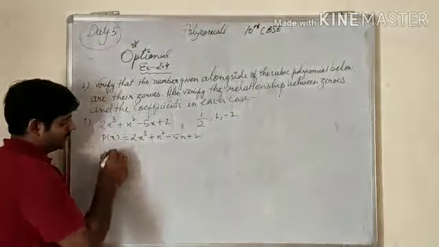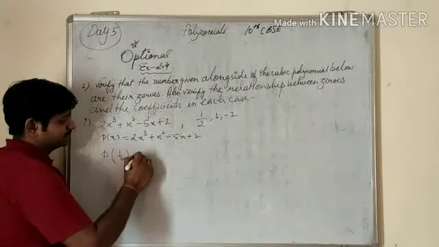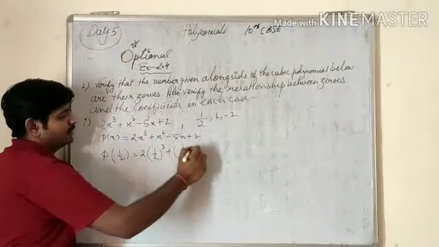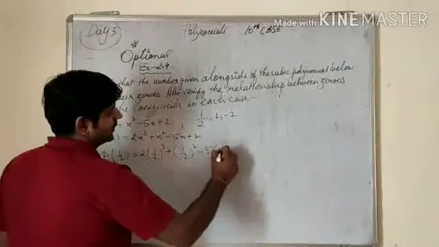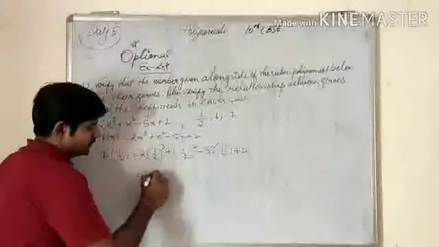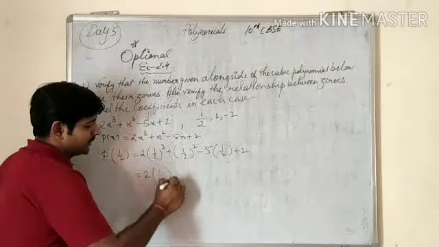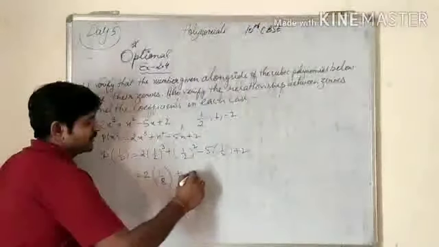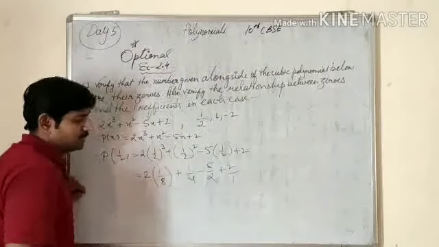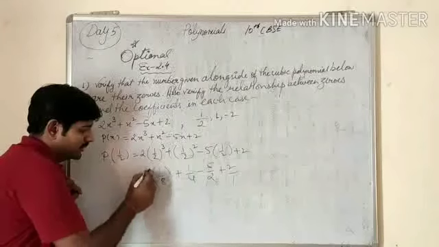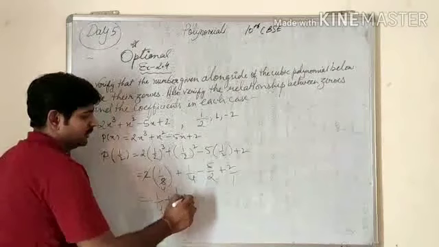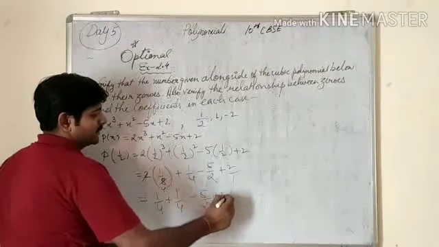So now in place of x we will write 1 upon 2. So there will be 2 into 1 upon 2 cube plus 1 upon 2 square minus 5 into 1 upon 2 plus 2. Now 1 upon 2 cube is 1 upon 8, its square is 1 upon 4, this is minus 5 upon 2 and this is plus 2. The 2 and 8 cancel, we get 4. So 1 upon 4 plus 1 upon 4 minus 5 upon 2 plus 2.